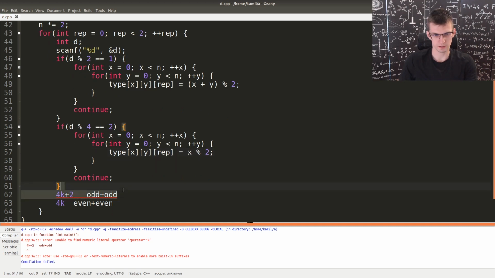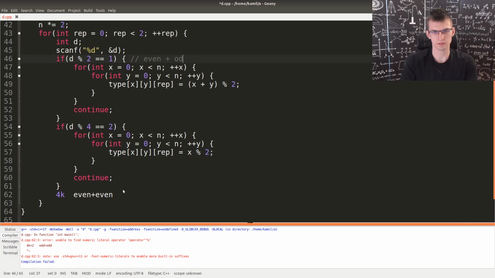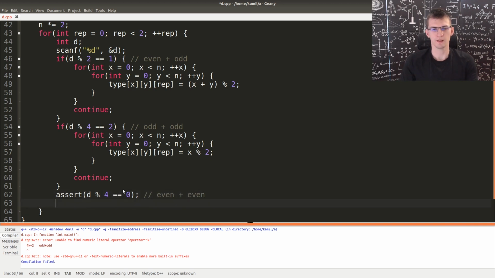And finally, we have even plus odd, odd plus odd, even plus even, and I claim that we go recursively.